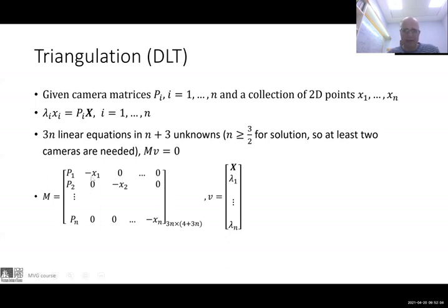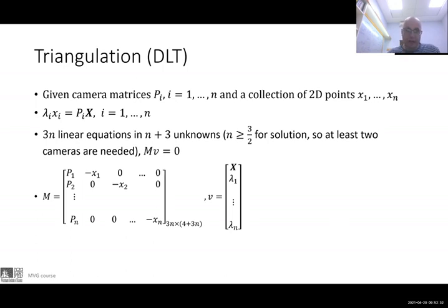So every xi here should be of size 3. I should have written xi transpose. So the width is 4 for the camera, and then 3 for every point. And here we have X, which is a 4 vector, and then 3 times lambda 1, 3 times lambda 2, etc. Yeah, that's correct.